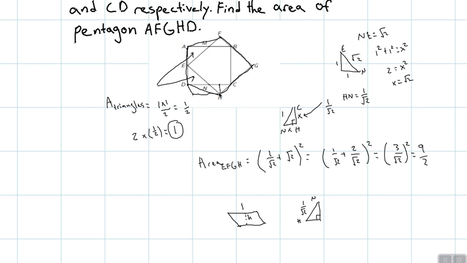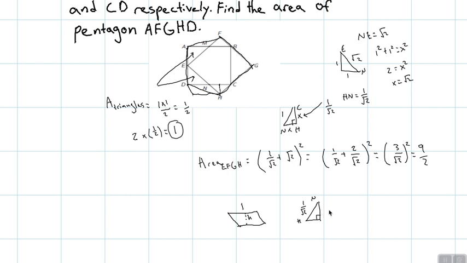These have the same angle measure, because this was a 90-degree angle that was split into a 45-degree angle. We know this is a 90-degree angle, so this must also be a 45-degree angle. So this is a 45, 45, 90 triangle, and this side length times root 2 will give us this here.